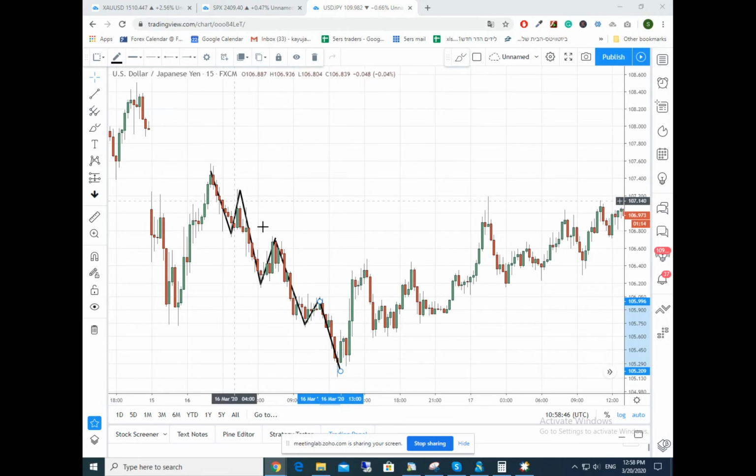So until here everything seems good and logical, and from that lower low you can see how the price just rises up and creates a new high which is higher than the last one, right?